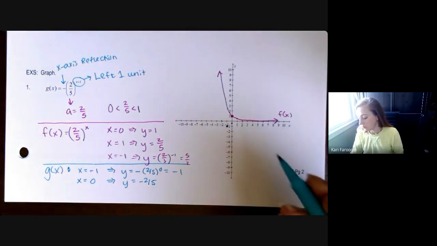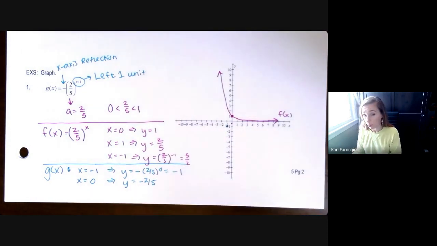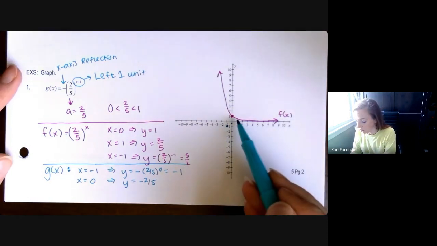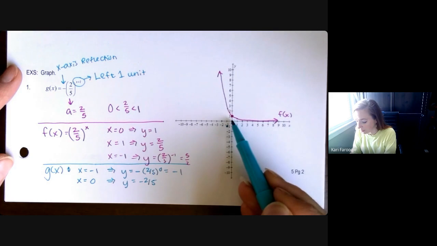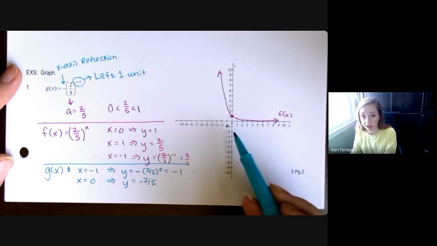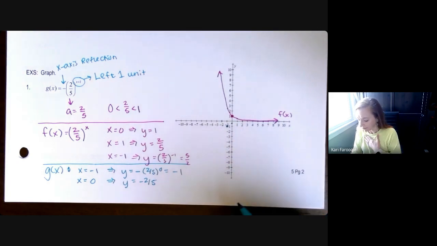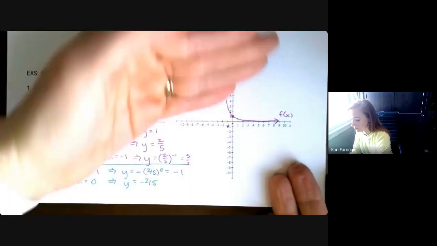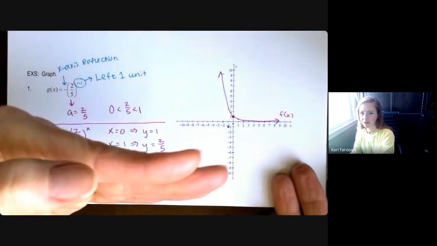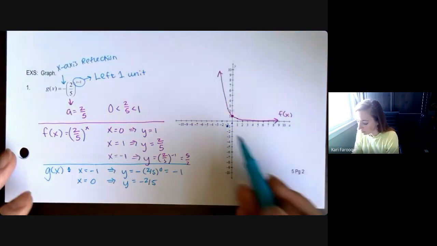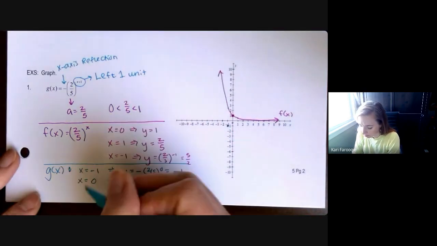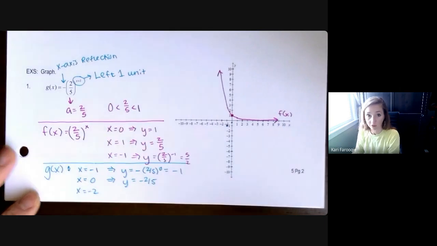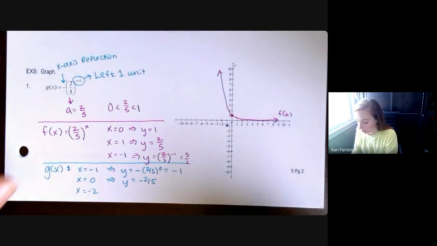And then you want to really be able to show this shape. Remember what you're expecting here is that you're shifting left 1 and then reflecting about the x-axis. So you know that you're expecting this graph to look sort of, I don't want to say reverse, but reflected. So you maybe get one more point over here. So I would say maybe let x be negative 2 and then see what you end up with.